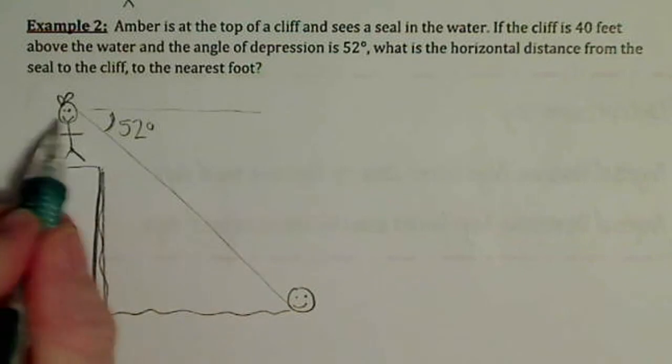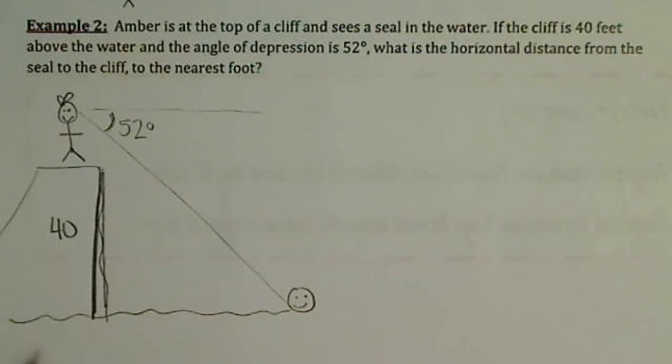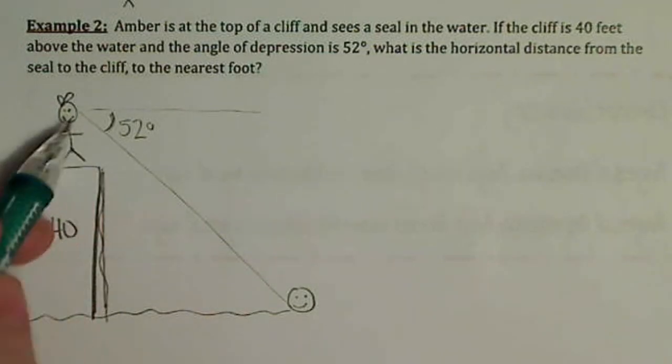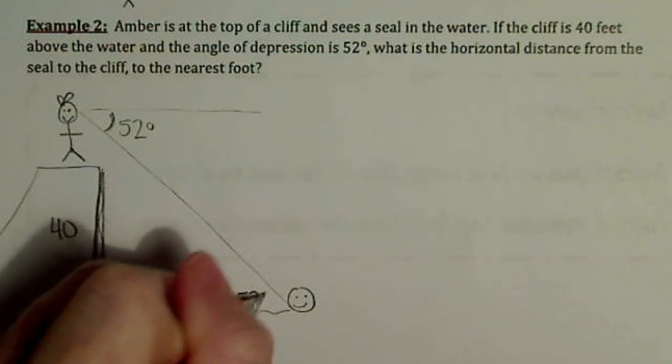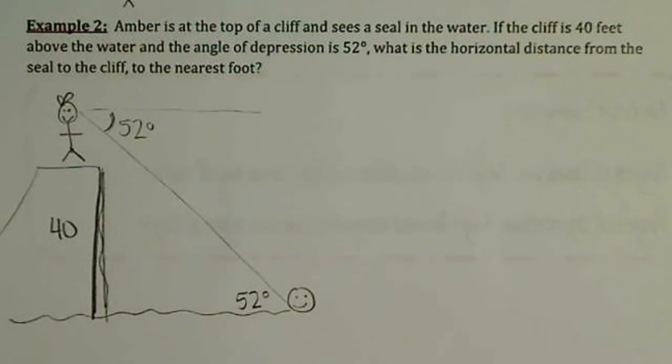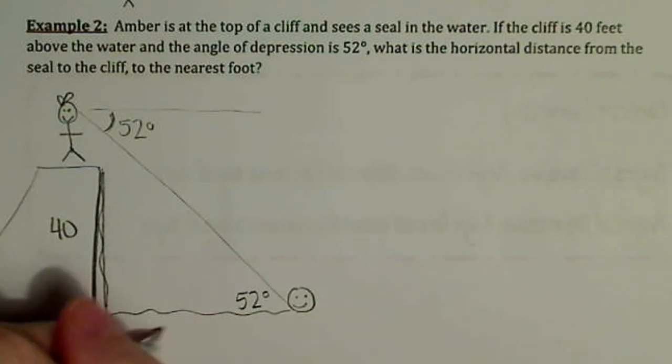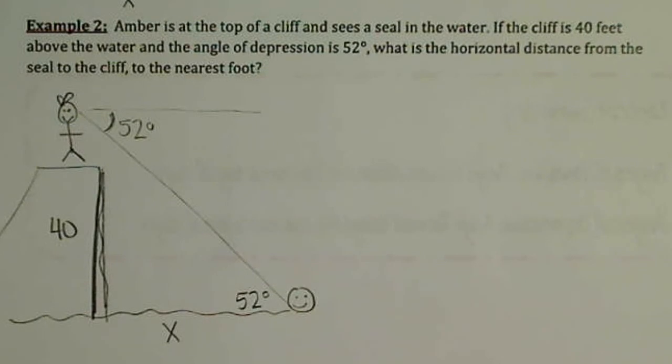So think about, here's a parallel line, here's a parallel line. Using our transversal here, this is going to also be 52 degrees. We want to know how far away horizontally she is from the seal. So here's what we want to find.